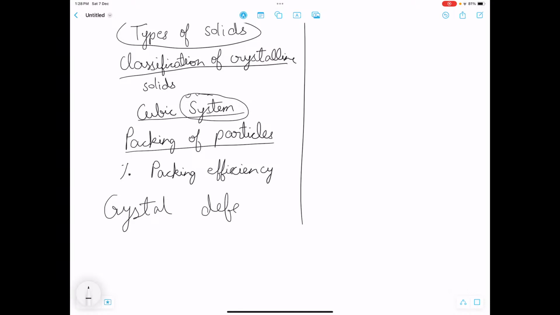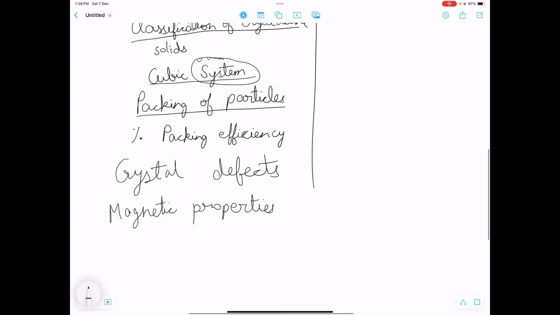So many times while all this packing happens, there are a few defects which take place. We need to study them. And the last thing is magnetic properties of solids. So these topics come in the theory part of all the PYQs. They have been asked for the past 15 years.